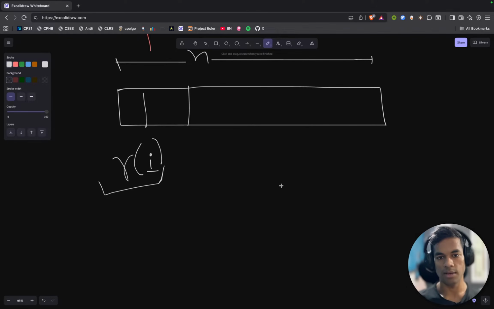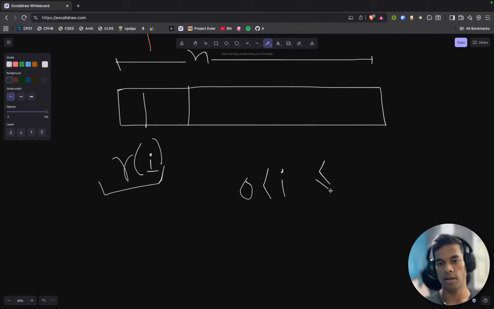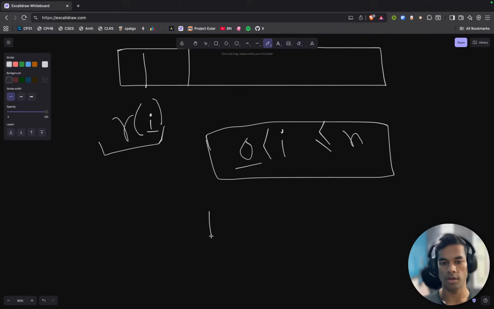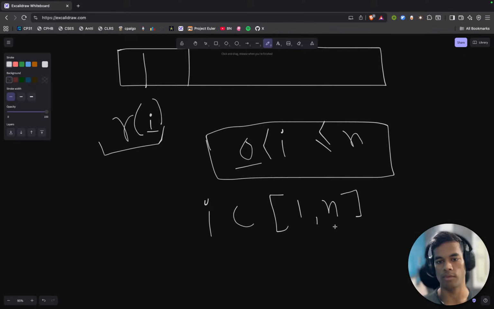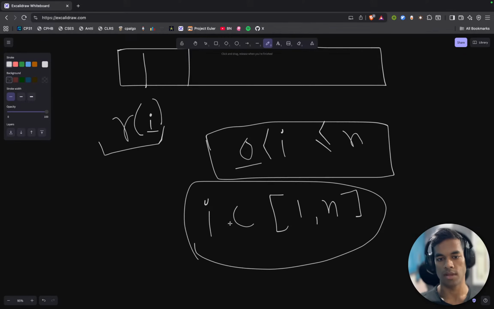We limited i to be greater than 0 and less than or equal to n. We limited i to this size. i would therefore belong to 1 till n inclusive.